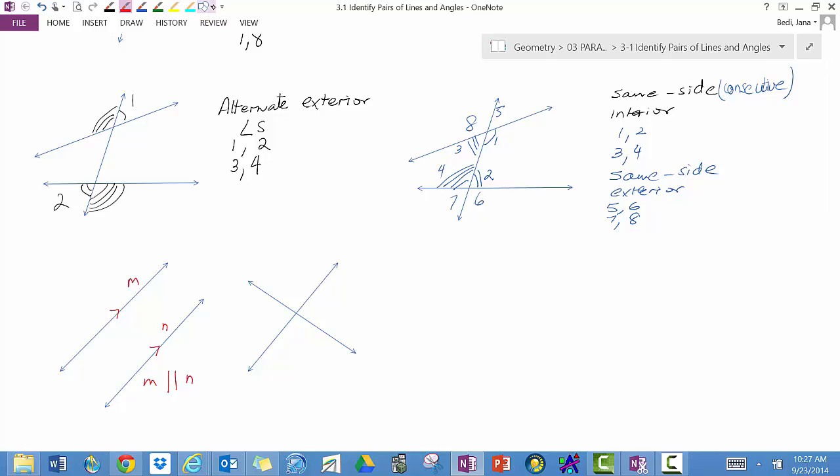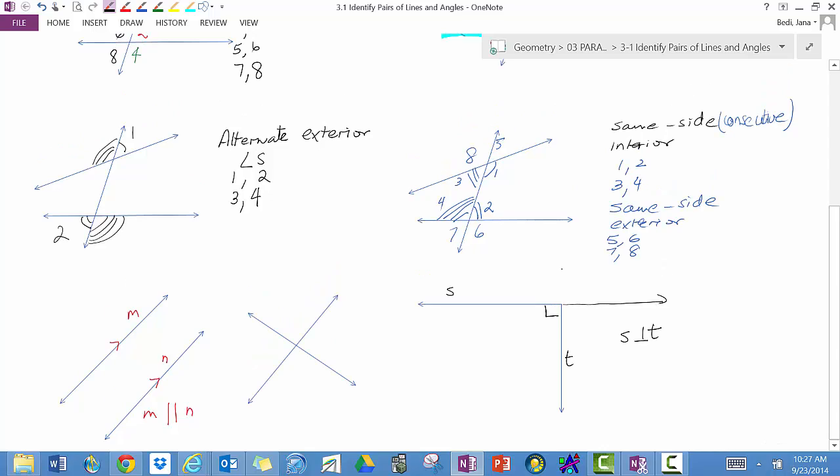Let's look at another diagram here. Correctly, these are two rays that are perpendicular. So if I called it S and T, I would say S is perpendicular to T, and I am just going to make these into lines.